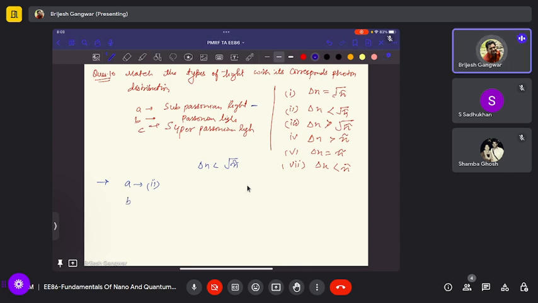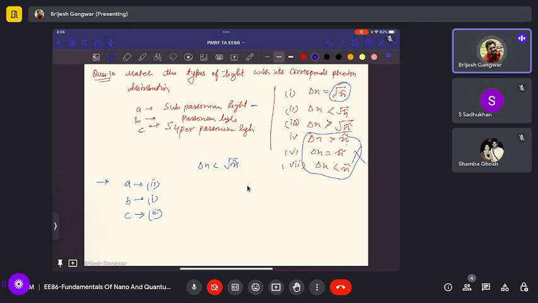And what will be the matching of B? B will be 1. And what is C? C is 3. So this is the Poissonian, right? In Poissonian there is root delta n. So these three are not valid answers.